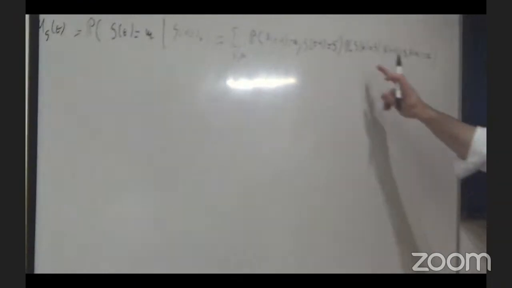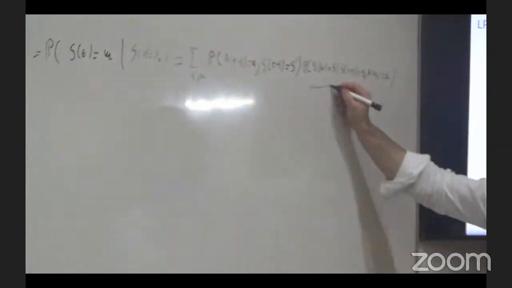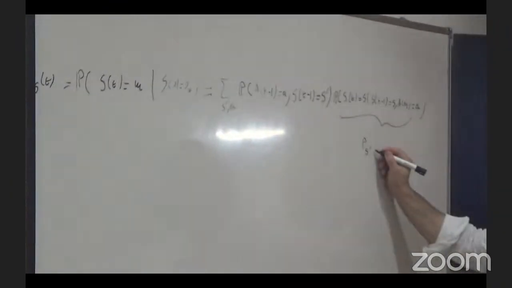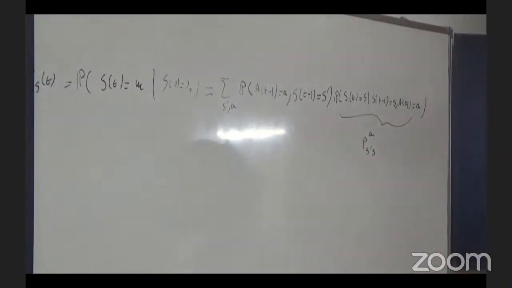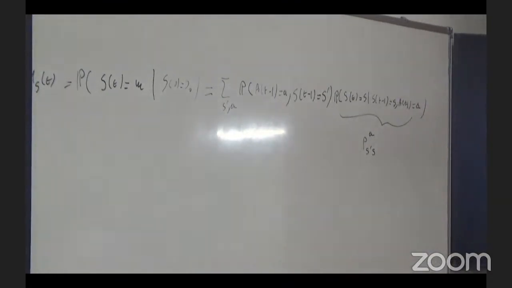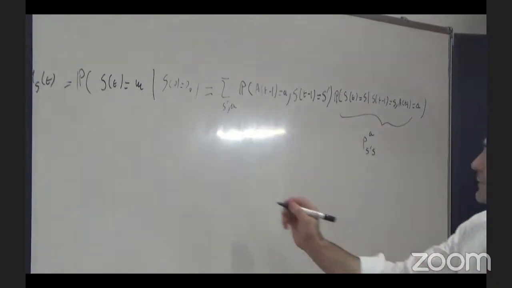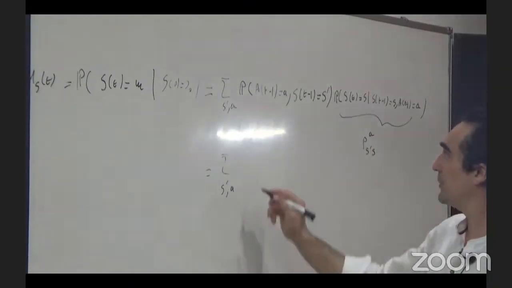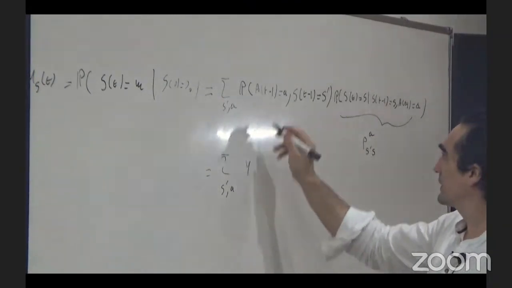This is simply the transition matrix, right? So this is the probability of going from S to S prime with A. And why I wanted to have this decomposition is because it's our definition of Y, right?